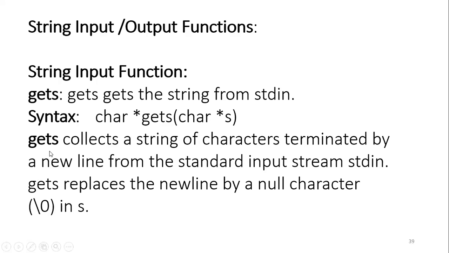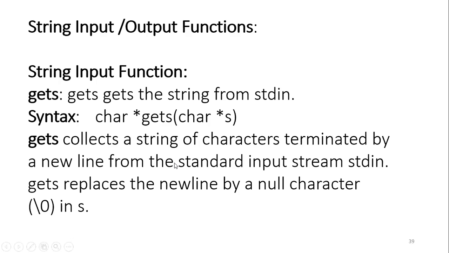So once again I will read: gets collects a string of characters terminated by new line. So when we run the program, we enter the string and we terminate the string by pressing the enter button. Enter button is nothing but new line.